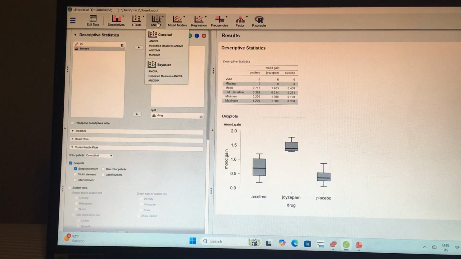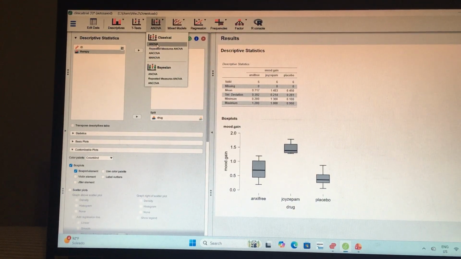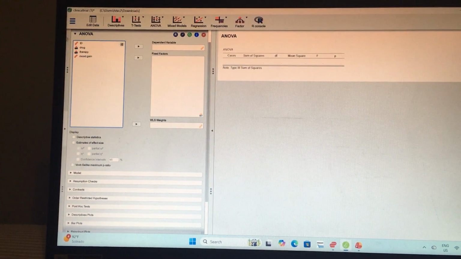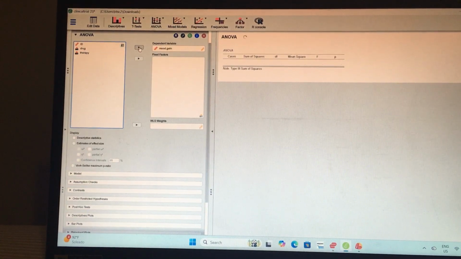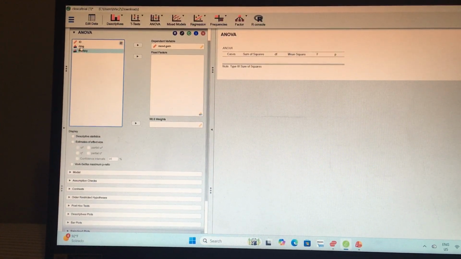And we're going to go under classical and select ANOVA. There we go. And then we're going to move mood gain to the dependent variables box. And then we're going to move drug to the fixed factors box.